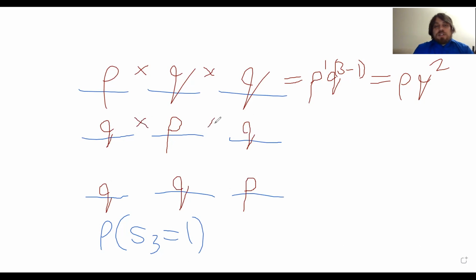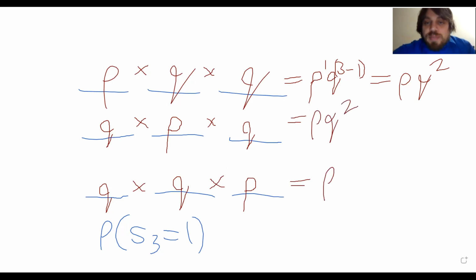Q times P times Q is the same as P times Q times Q, right? So in each of these rearrangements of successes and failures, the probability is P times Q squared. So the common probability is P times Q squared, succeeding once and failing twice in 3 Bernoulli trials.